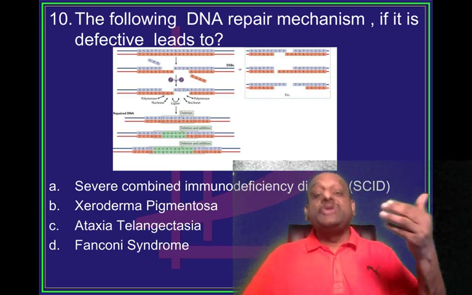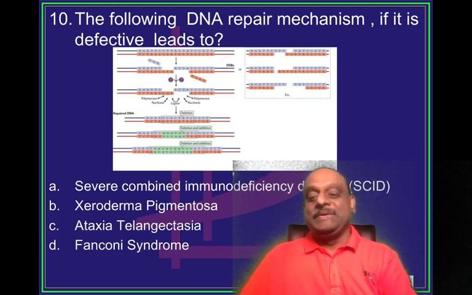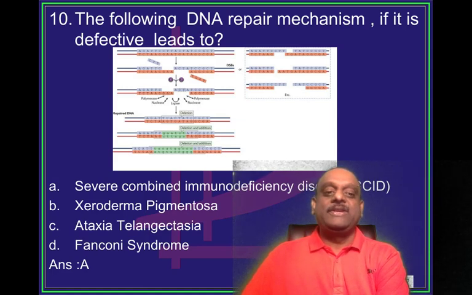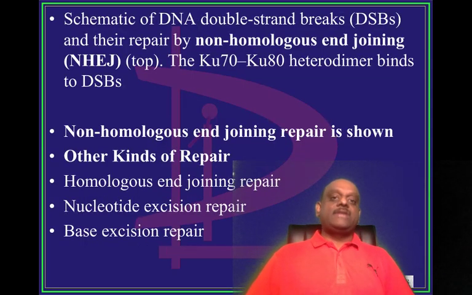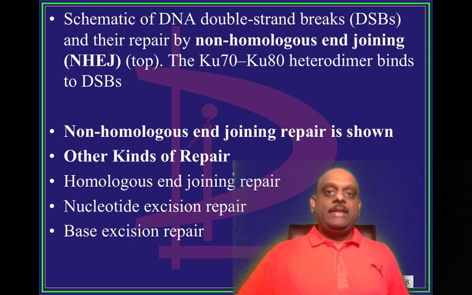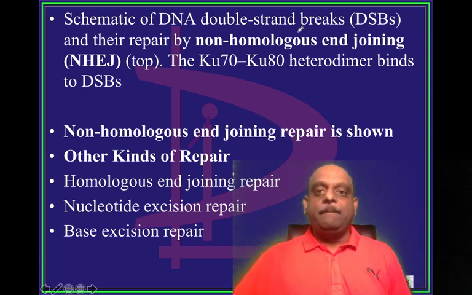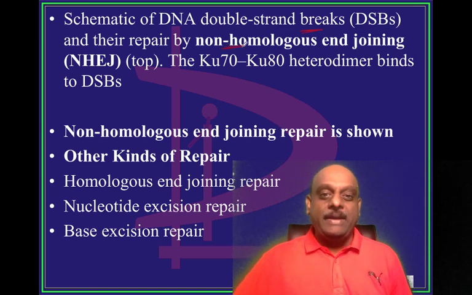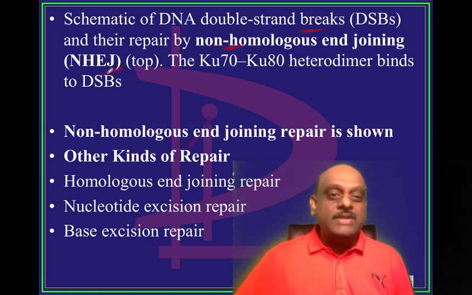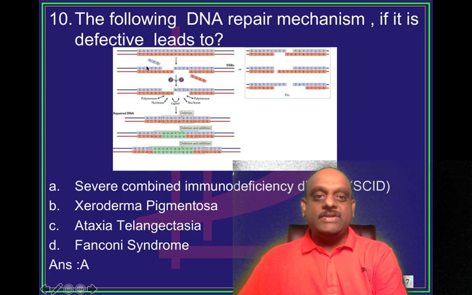But what we should know is, you should remember that the schematic was showing that the double-stranded breaks which are being created are repaired by non-homologous end joining. This is called non-homologous end joining.